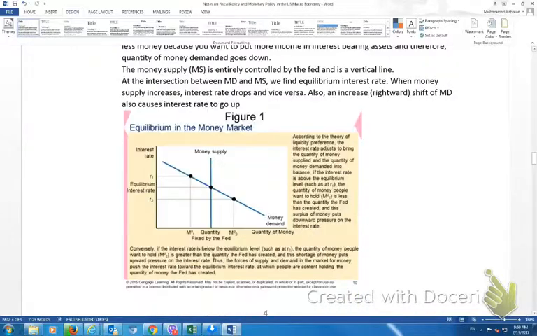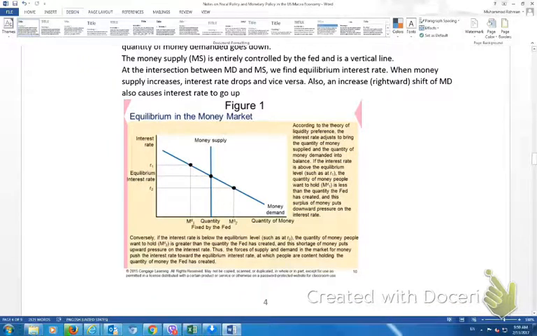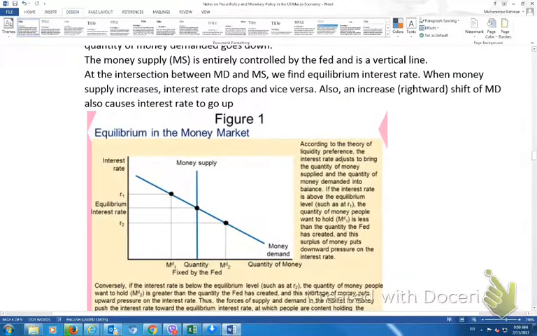Let's start with a situation where there is an increase in money demand. This could be as a result of an increase in your income or some other factor.